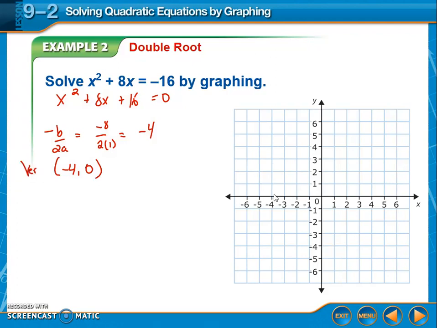Because our vertex is right here, it's either going to go up from there or down, but it's not going to touch the x-axis at any other point. So once you get that point, you can say that x equals negative 4 is a solution. If you put negative 4 into this equation, it's going to work. But let's get a few more points so we can get an idea of what this is going to look like. Our axis is the vertex, that's going to be along this line here.